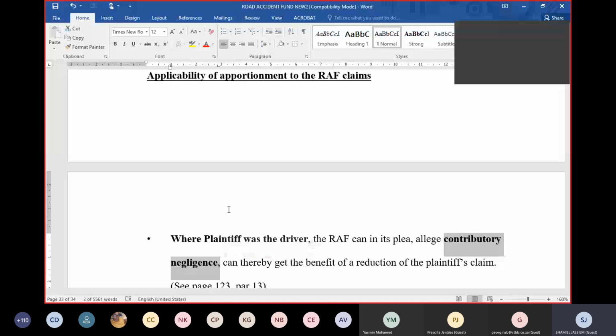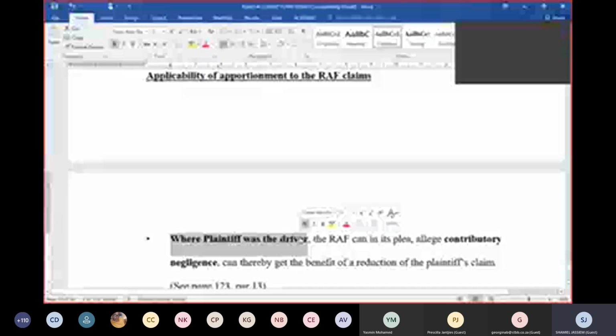The CA asked me how or when can the RAF plead contributory negligence. In the example I gave earlier, I was the driver of motor vehicle A, which collided with motor vehicle B at a four-way intersection, and both of us failed to stop.